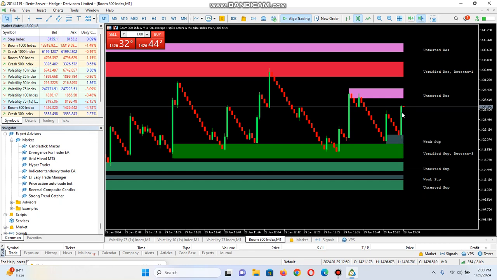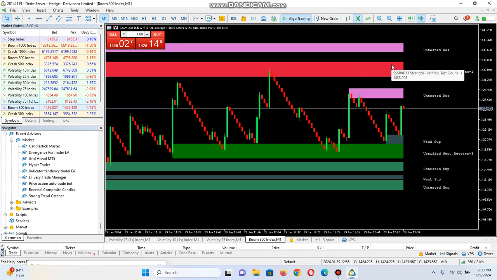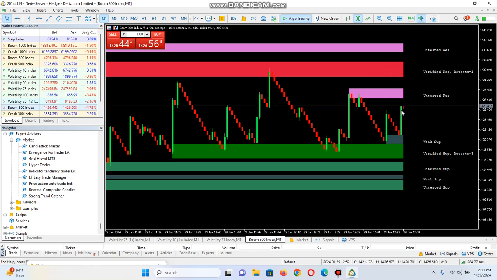This spike that is coming is going to spike again, and once it spikes, this one will be broken, then it will land here in the verified zone. Now it's coming back again. I don't trade untested zones, I don't trade weak zones, I trade verified zones. And when you are trading verified zones in any time frame, you have more chance of making money. You see it has spiked again.